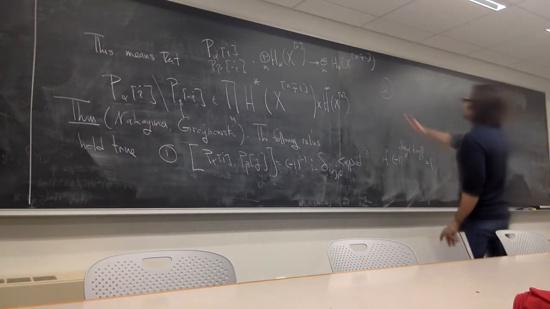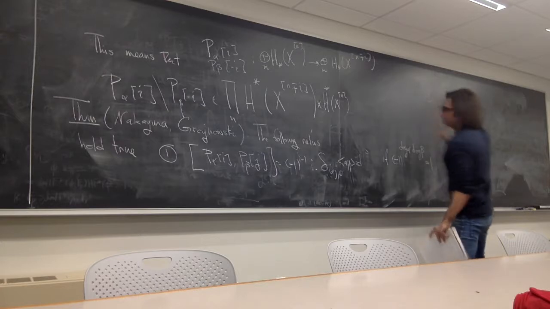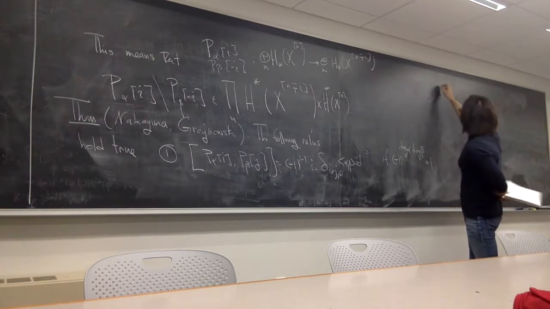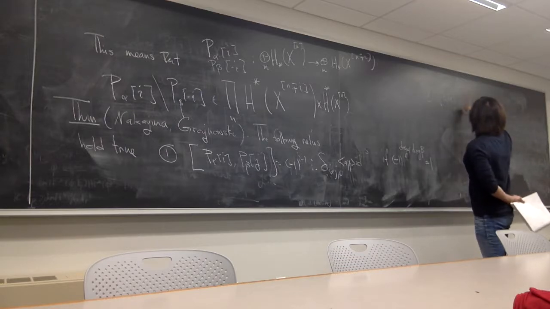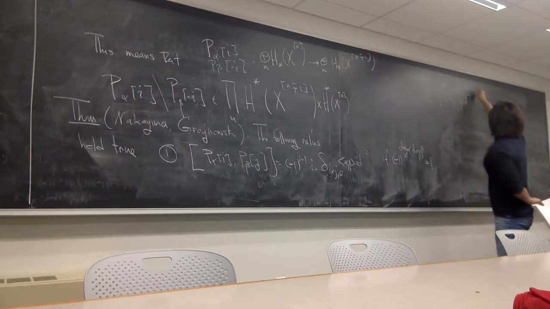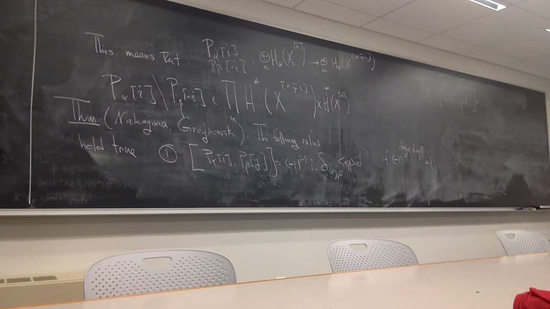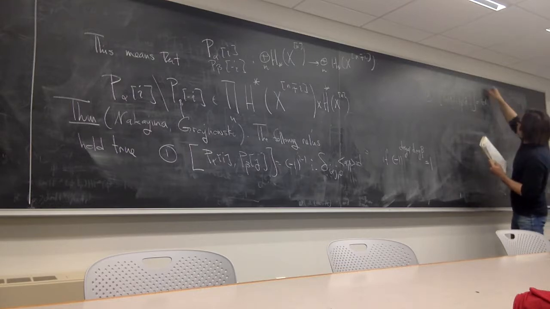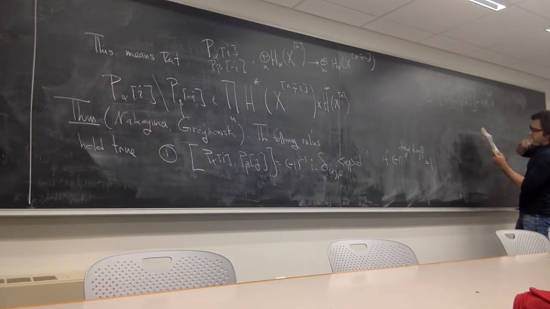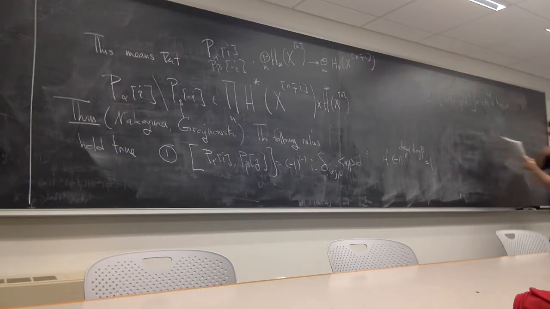The second relation is that the bracket between them will be minus 1 to the I minus 1, I, delta I plus j and 0, alpha beta, times identity.